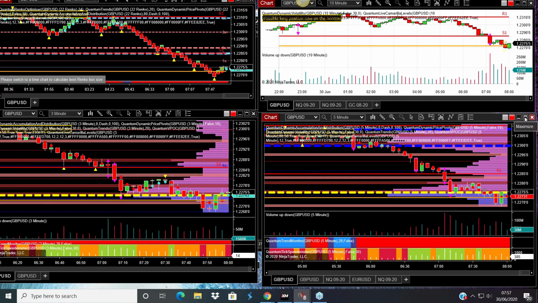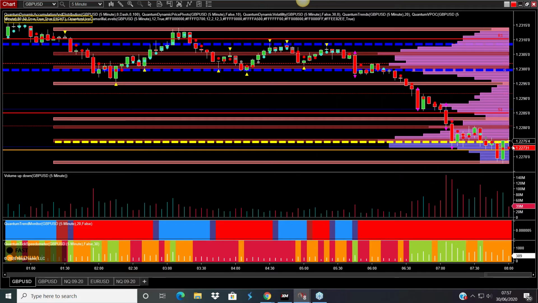Now, what's interesting about the 5-minute chart, those of you would have noticed, is that the VPOC, the volume point of control, has now dropped because we had the move lower, then it went into a congestion phase ahead of London, which often happens, similarly before a major piece of fundamental data. This indicator is dynamic, and it dynamically moved from here to here. So we have now another congestion phase, and now we're waiting. So is this going to act as support for a reversal, or is the move going to carry on lower?